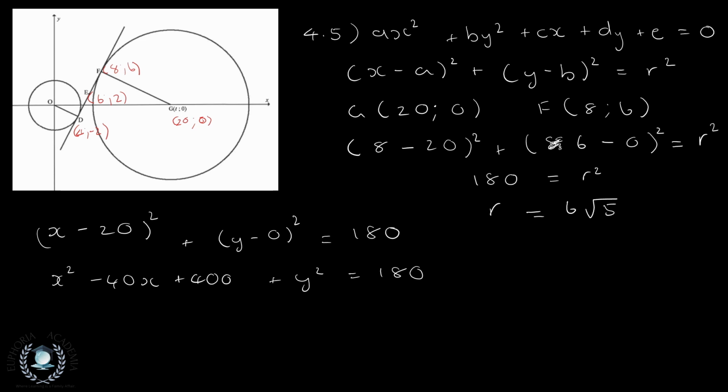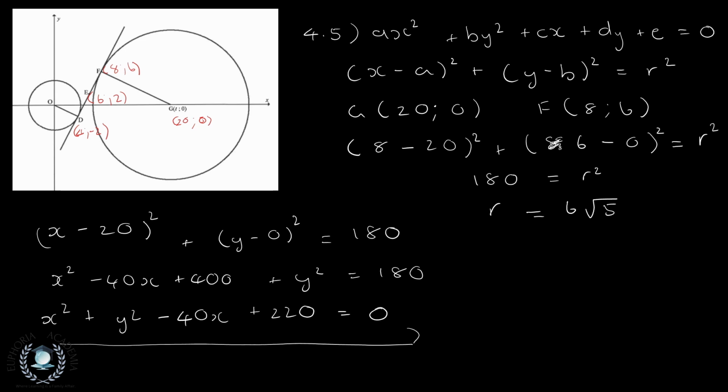Now we just have to write it in the form that they ask us in. We have an x squared, followed by a y squared, and then a constant multiplied by x, which is minus 40x, and we don't have a y term, plus 220, and that is equal to 0, and that is our answer.